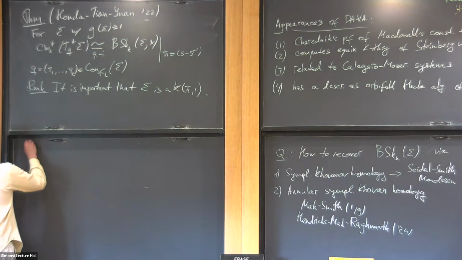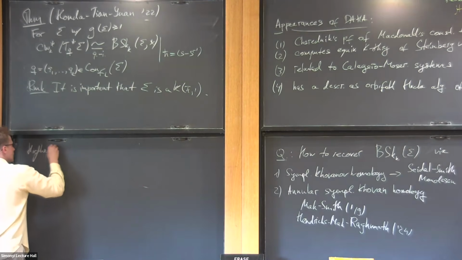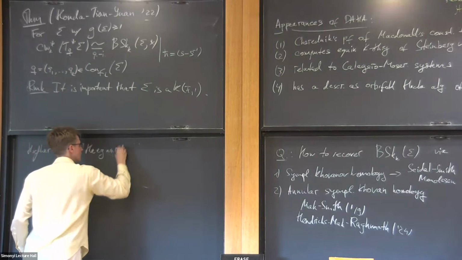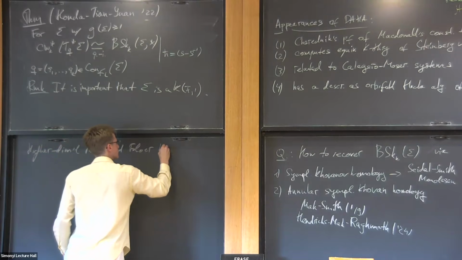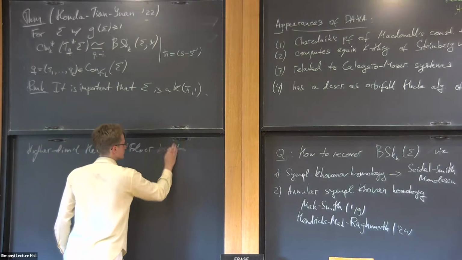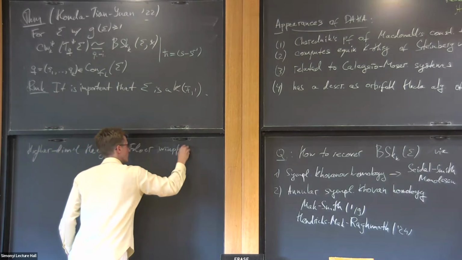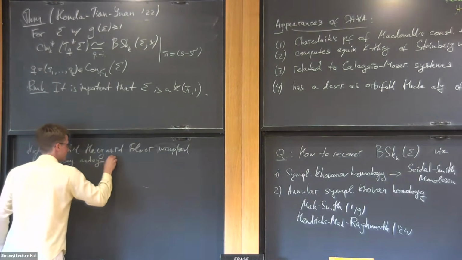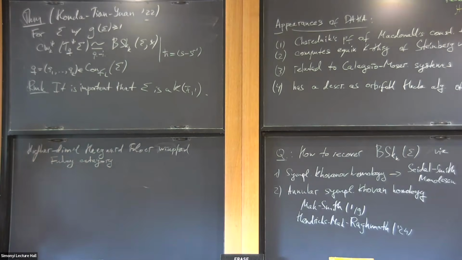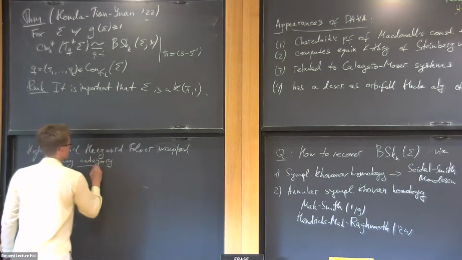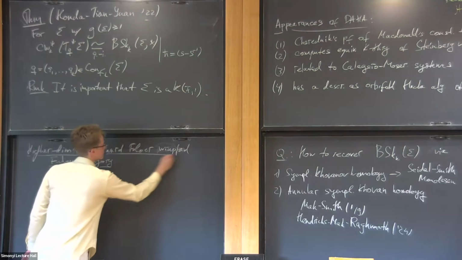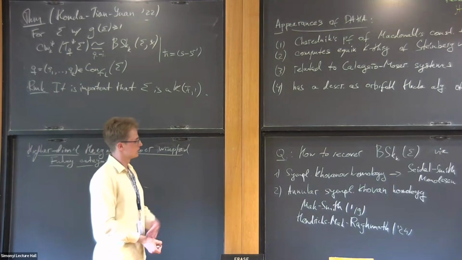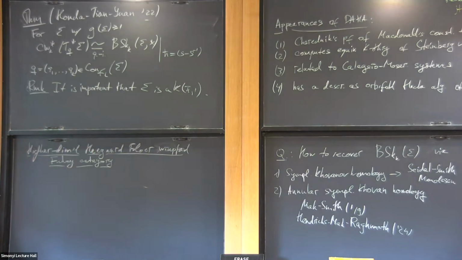All right, so the idea here is that you can use a cylindrical interpretation, going back to ideas of Robert Lipshitz, to interpret the Lagrangian Floer theory of the symmetric product.